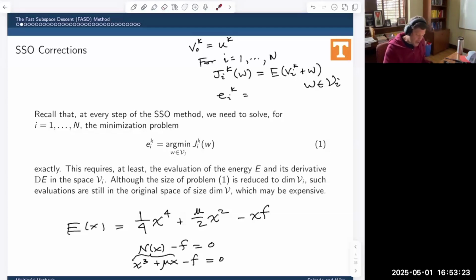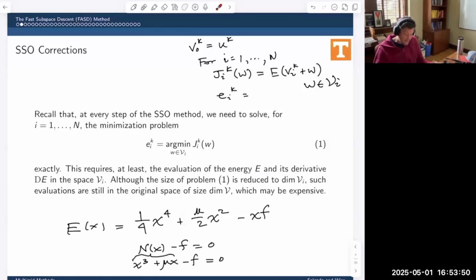Now, the reason why this gets so darned expensive is that whenever I do this process here, that's expensive because I have to keep referring all the time back to my ambient energy E. So even when I go to the coarse grid correction, the true finite element coarse grid, I'm still referring back to my original energy.